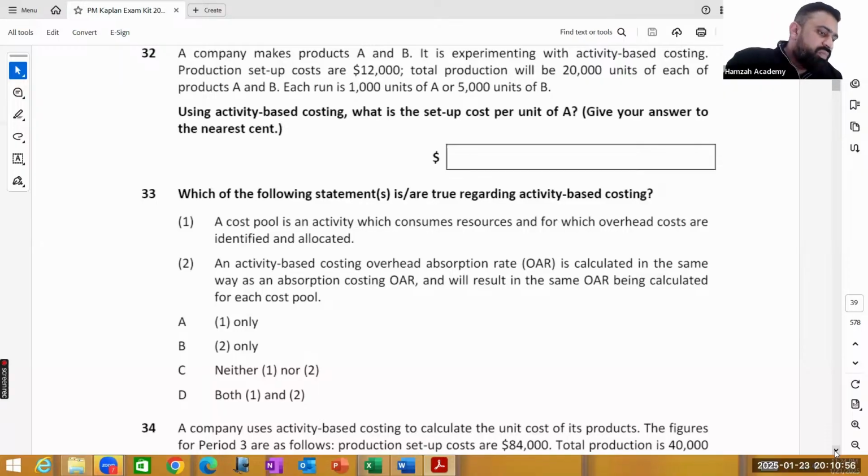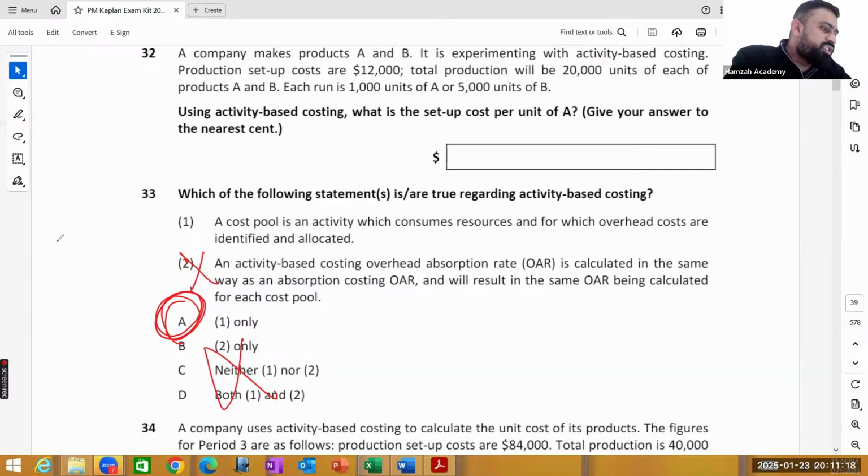Now, obviously, the second statement is false. So every option which contains 2 cannot be the answer. So only the first statement is correct. Option A will be the answer.